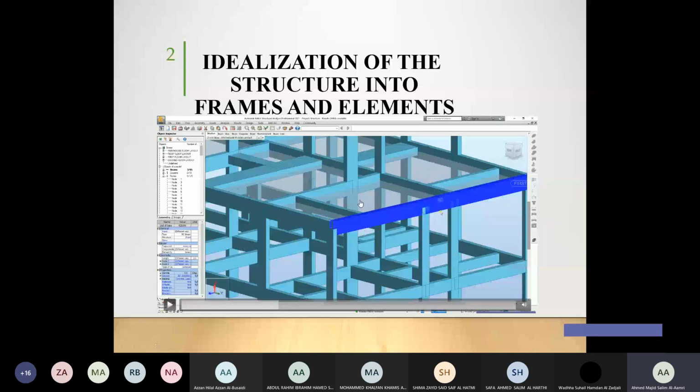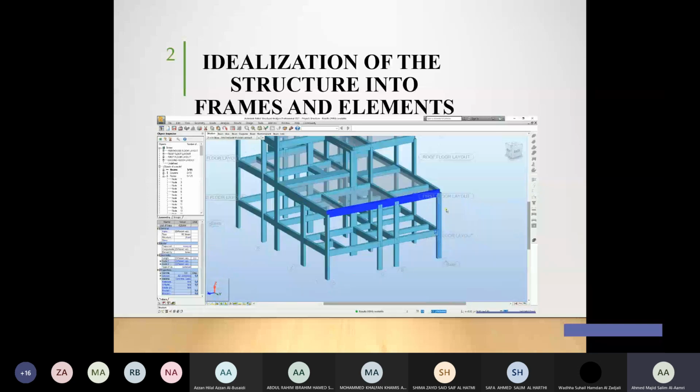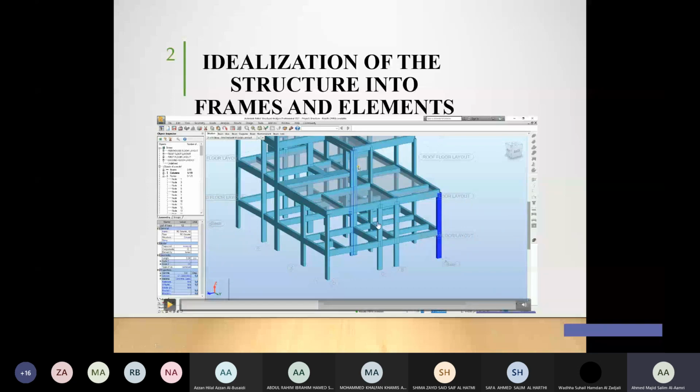So column number 1, column number 2, column number 3, and column number 4. So it's supported by 4 supports, but we have a beam junction, which is going to be shown here. Now, can you see that this is the beam acting as a point load now? Can you see that there are 4 columns, 1, 2, 3, 4, and this is the point load acting on this beam?